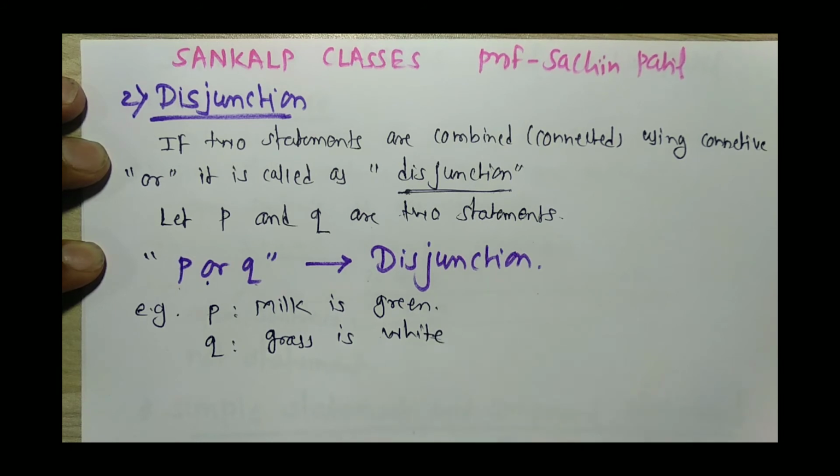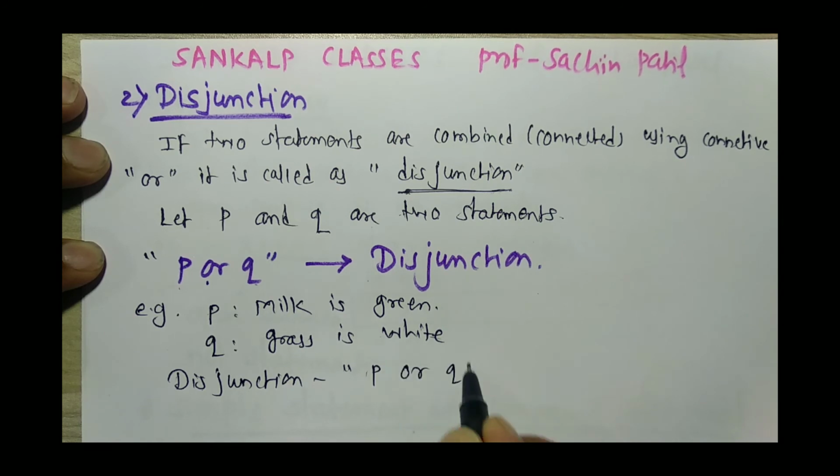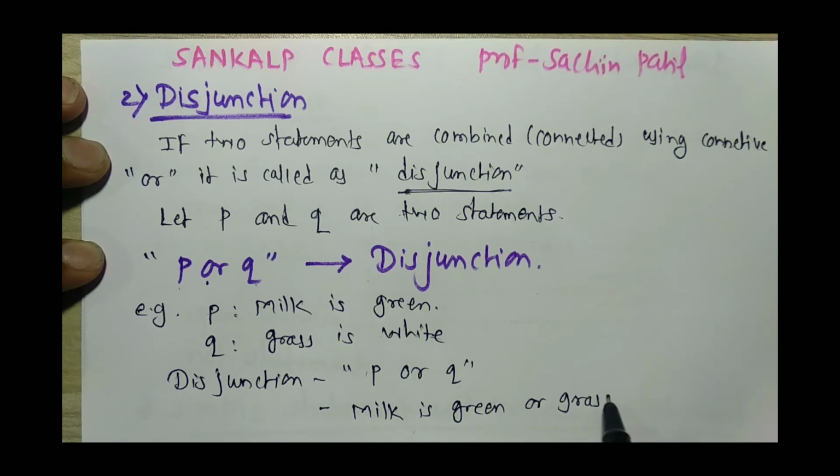If these two statements are connected by using the word or, then it is called a disjunction, and therefore the disjunction is given as P or Q, and it is written like this: milk is green or grass is white.